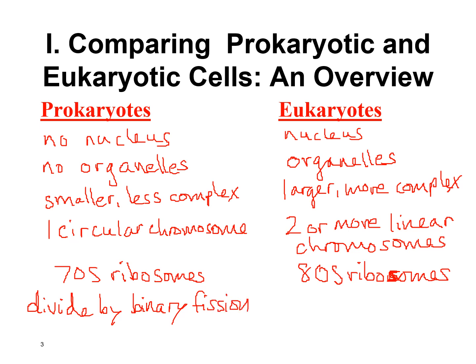So that does not happen in prokaryotes. And then eukaryotes will divide by either mitosis or meiosis. Remember, meiosis is the one that's used for sexual reproduction.